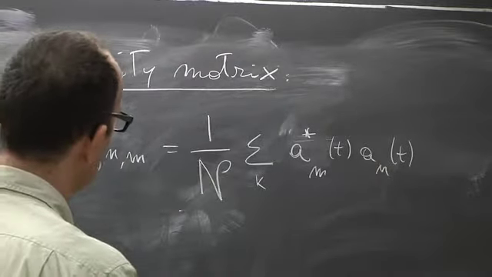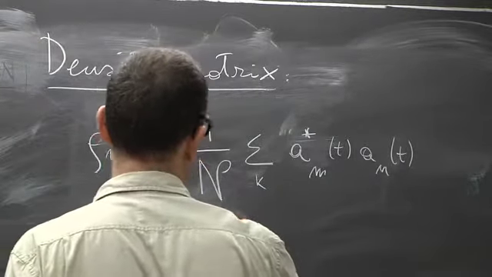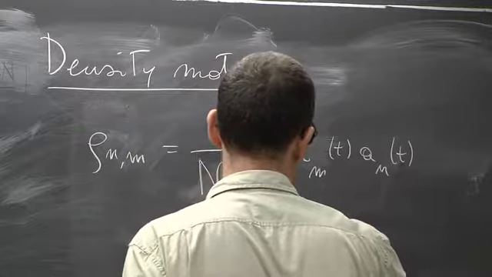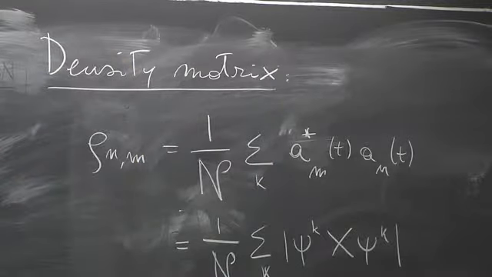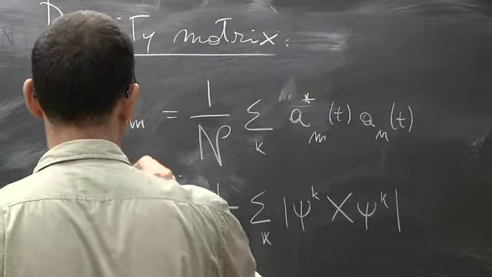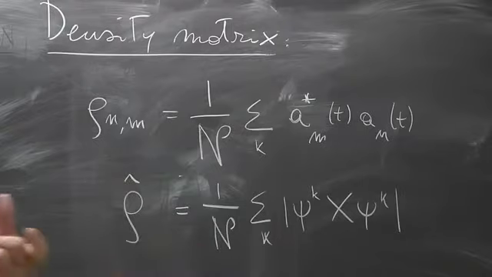So if you want, you can also write this as 1 over N sum over k of psi_k times psi_k bra. If you take this expression here and you compute the matrix element between state n and m, you will find the formula above.